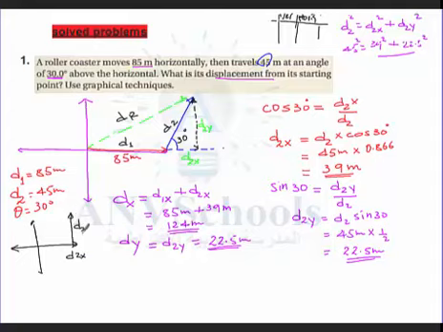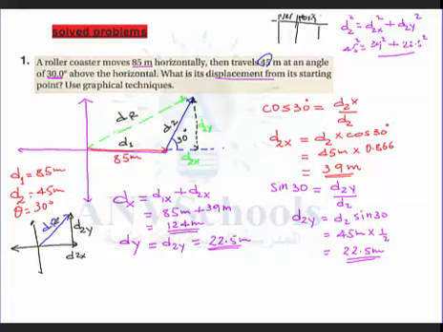To find the resultant vector, I will draw a line joining these two points. This is dr, the resultant displacement.